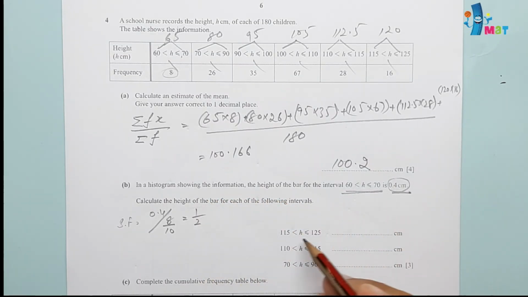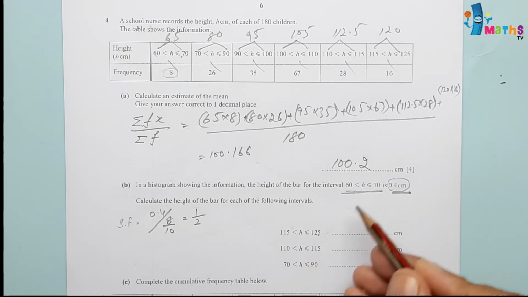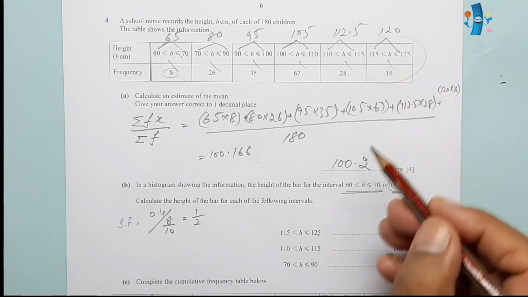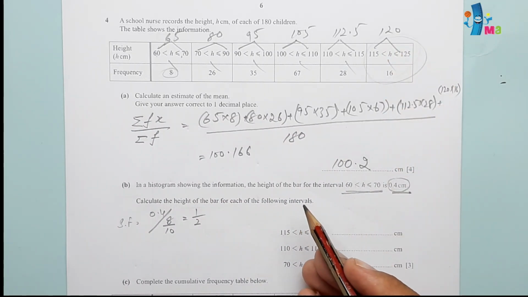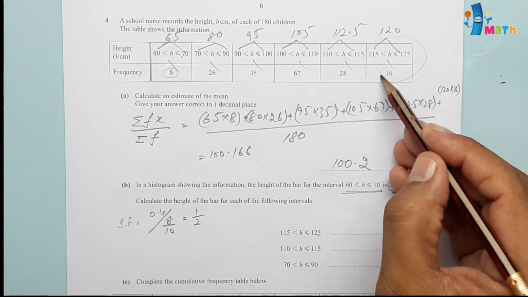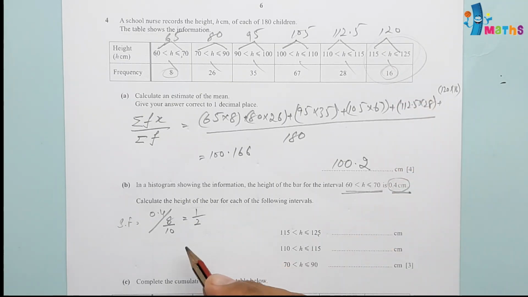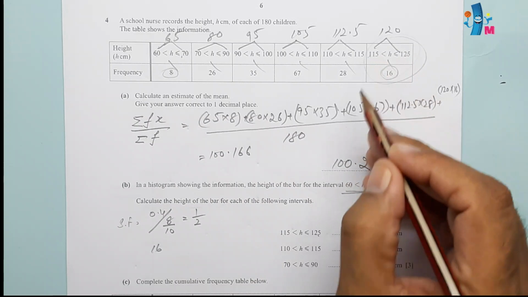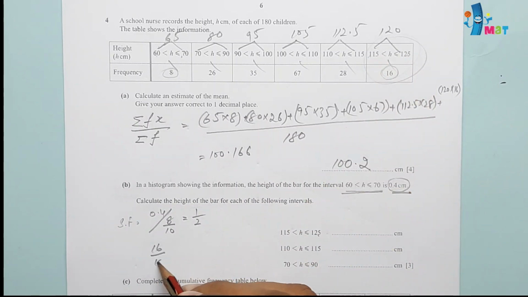Now we can calculate for 115 to 125, which is this one. So we will take this, which is frequency 16. So 16 divided by class width, which is 10, multiplied by the scale factor, which is 1 by 2.